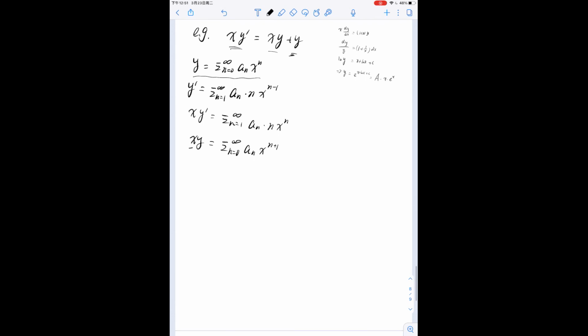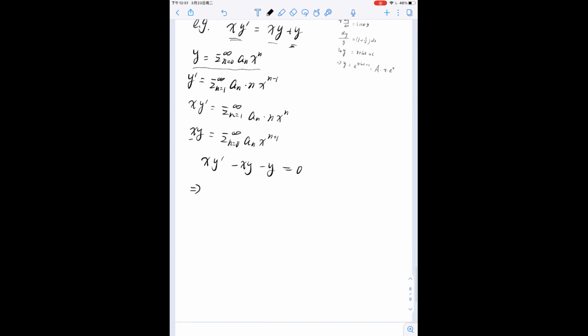So now we have all the elements we need to solve it. The equation is y prime minus xy minus y equals 0. So the first term is the summation from 1 to infinity of an times n times x to the power of n. The second term is the sum from n equals 0 of an x to the power of n plus 1.